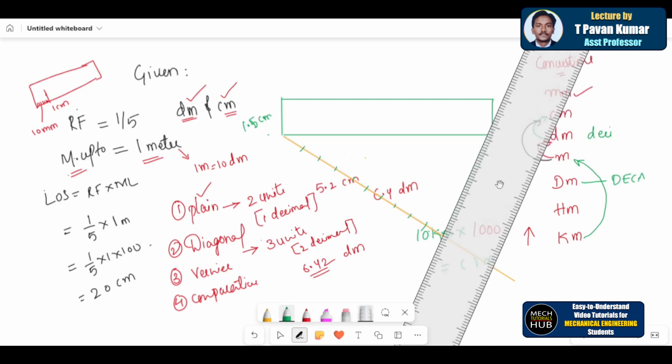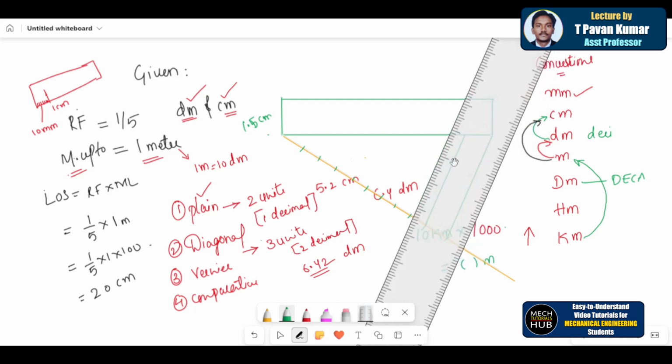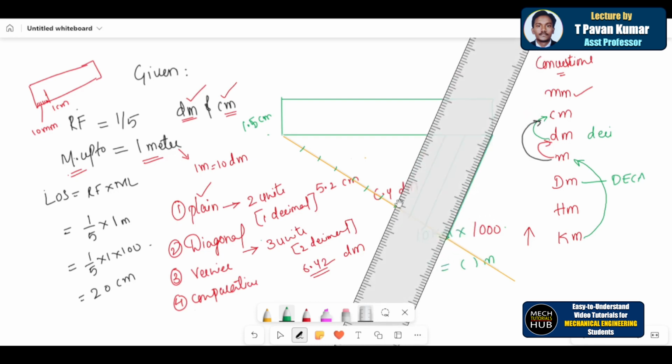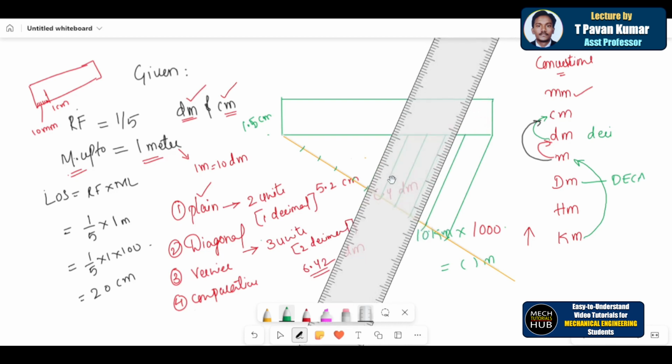Then take the scale to the next intersection and draw a line, similarly to the next. Draw parallel lines by taking the drafter scale to each and every intersection. Draw these lines and you get the number of divisions. Alright, something like this.